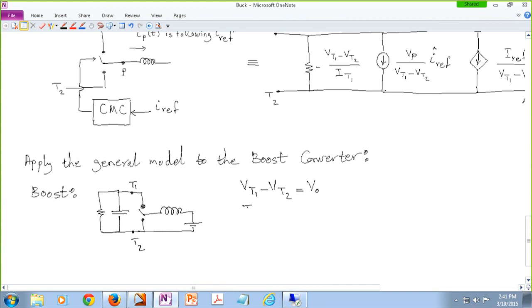IT1, which is this current, is nothing but the negative of the load current. VP, on average, remember these are all the results of a DC analysis, on average there is no DC voltage drop on the inductor, so VP and VN are the same.